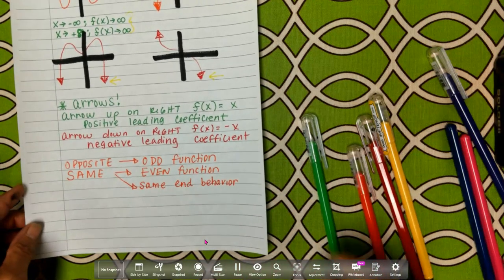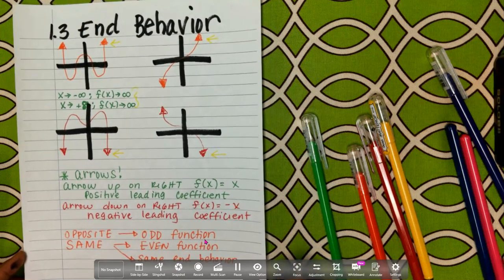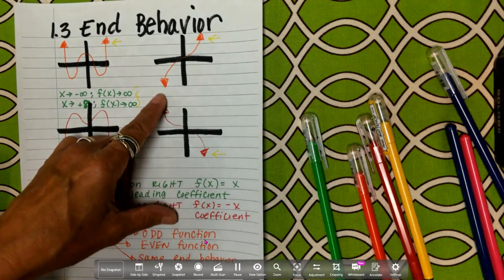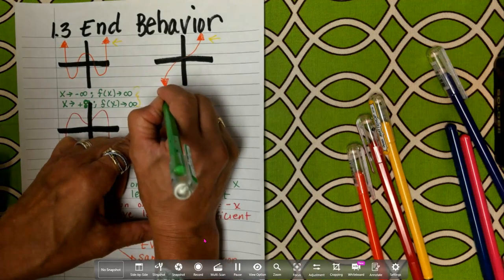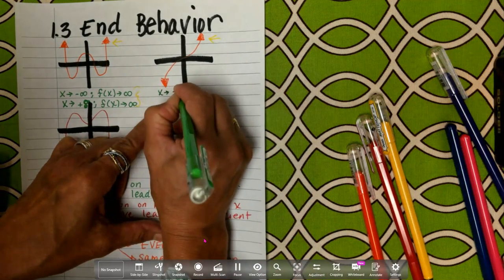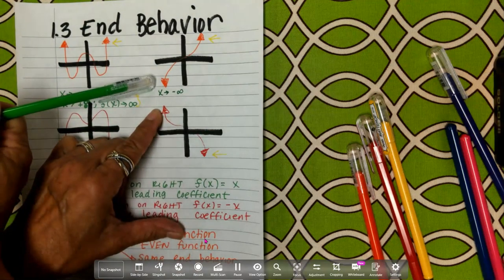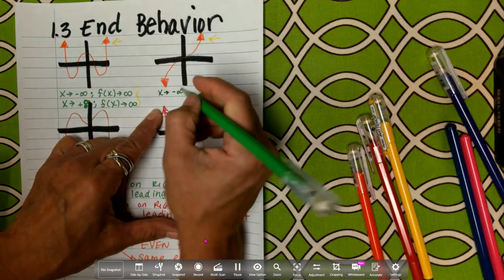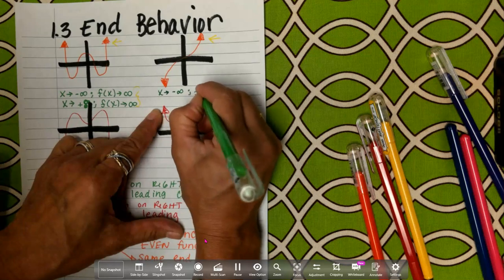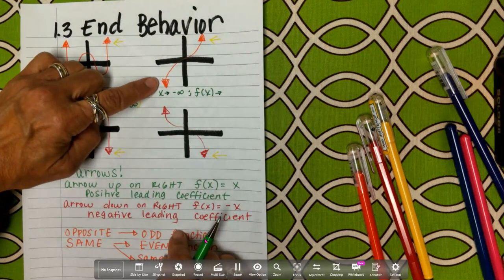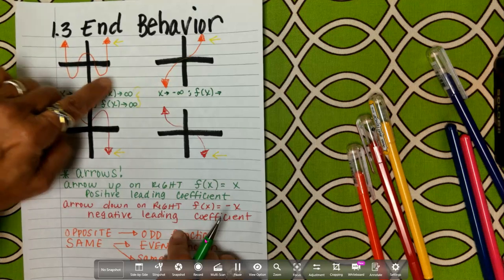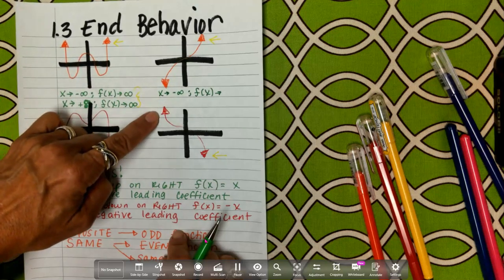All right, let's analyze the opposite. Over here, this is a negative infinity arrow, so as x approaches negative infinity, I know it's negative infinity because it's to the left of the origin. What's happening to my outputs? Well, as my x values get lower and lower this way, my outputs are getting lower and lower down.